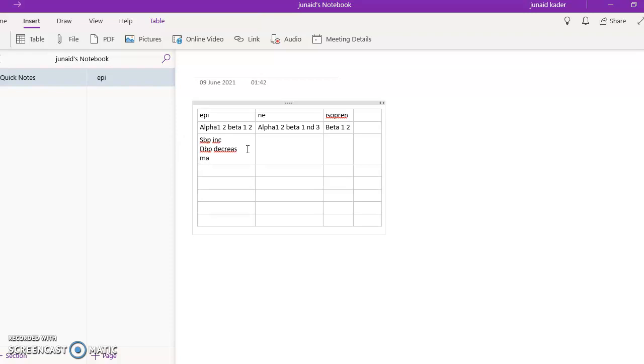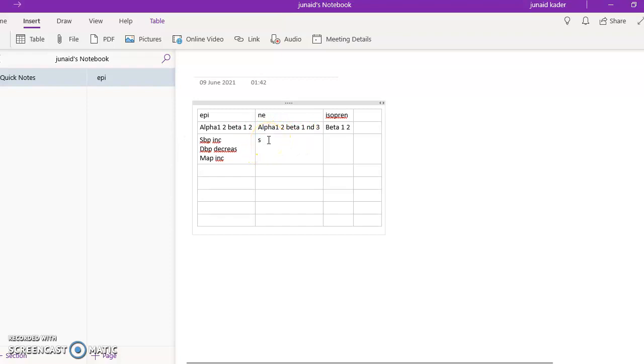Mean arterial pressure increases. This systolic BP increase is due to alpha 1 action, and this diastolic BP decrease is due to beta 2 action. And now about norepinephrine. In case of norepinephrine, it doesn't have beta 2 action.